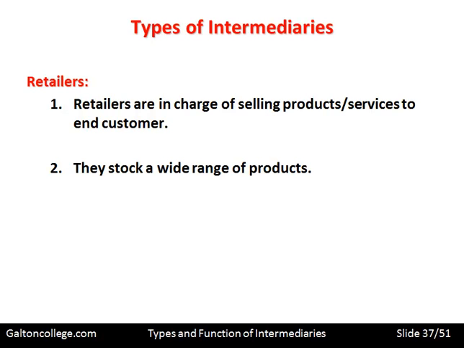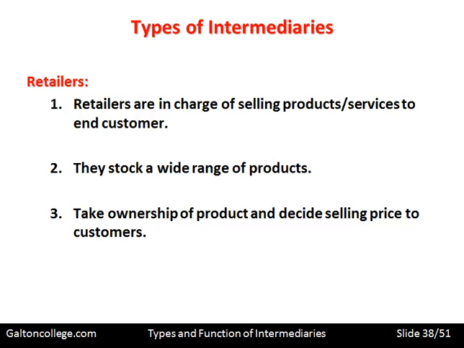They hold a wide range of products within that category. And of course, they take ownership of the product, and they decide the selling price to the customer. When they stock the product, they have to buy it. They buy it, generally speaking, off the wholesaler, but they have to buy it, so they're taking a risk if the product will sell or not.